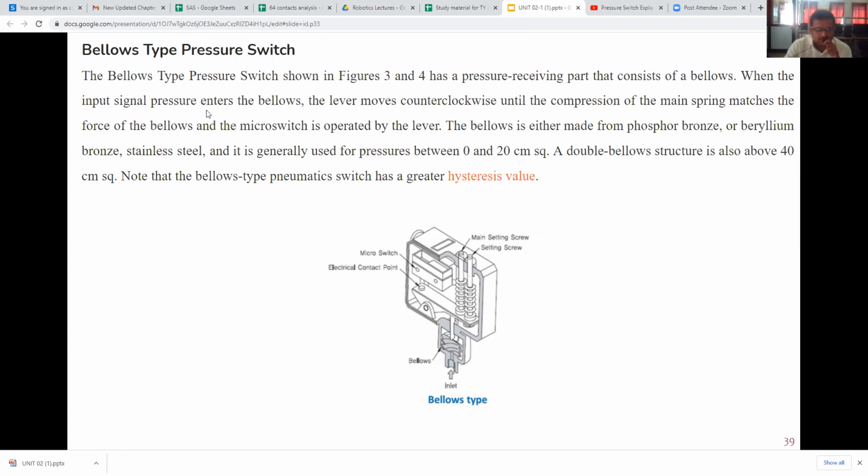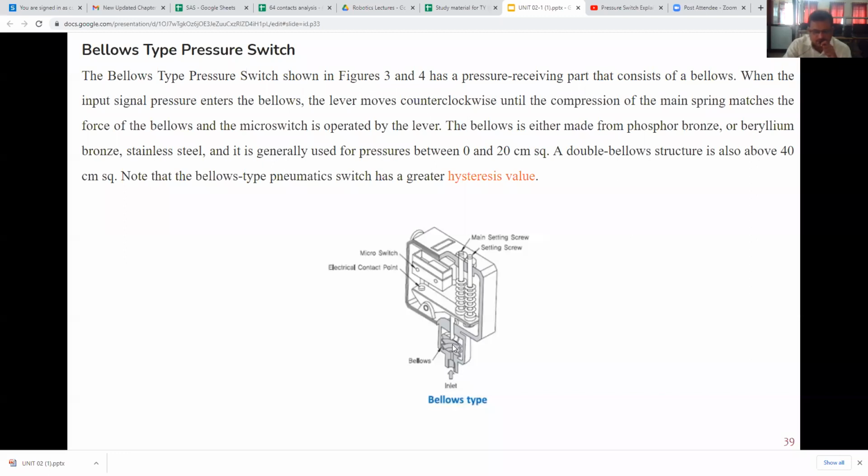When the input signal pressure enters the bellows, the lever moves counterclockwise until the compression of the main spring matches the force of the bellows, and the micro switch is operated by the lever. Therefore, what will happen when this inlet pressure or input pressure is given?